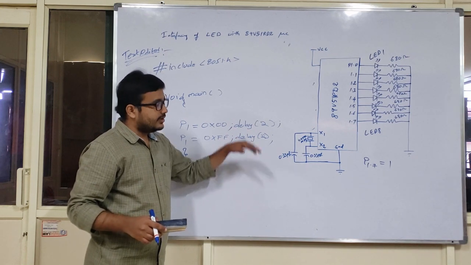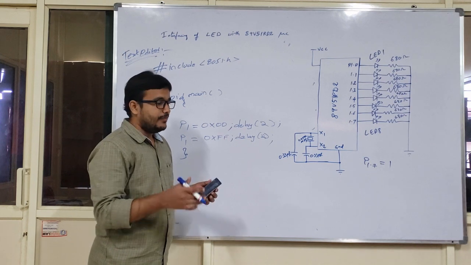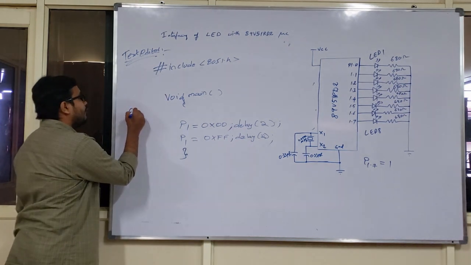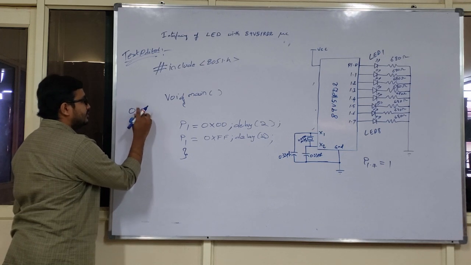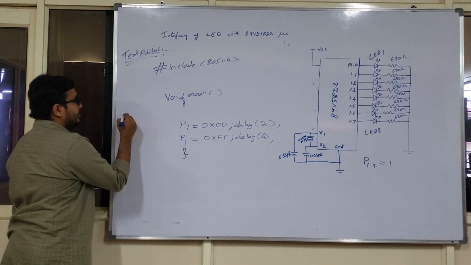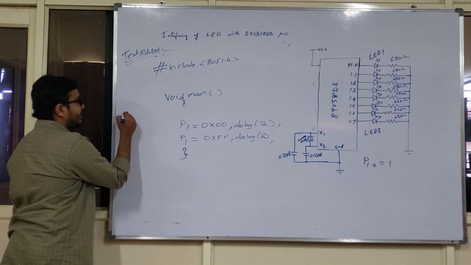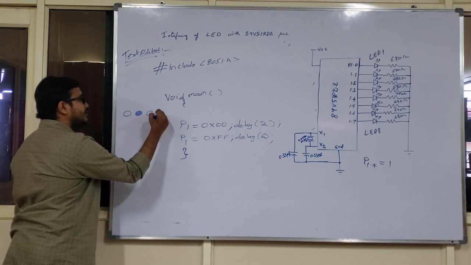But if I want continuous blinking of the LEDs, like on, off, on, I am just drawing one LED here. So this is on, off, and next is on, next is off, next is on.